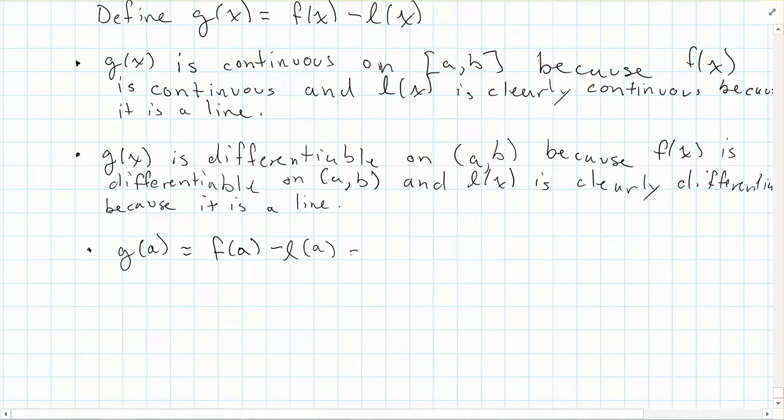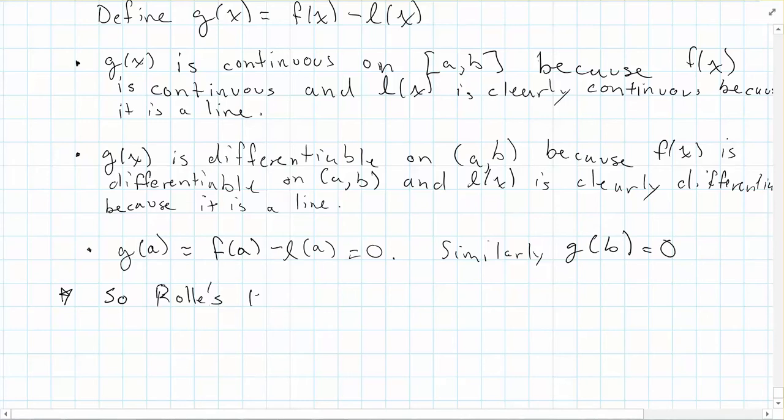So this is equal to 0. Similarly, g(b) is equal to 0. So this is the key thing here. So Rolle's theorem applies.